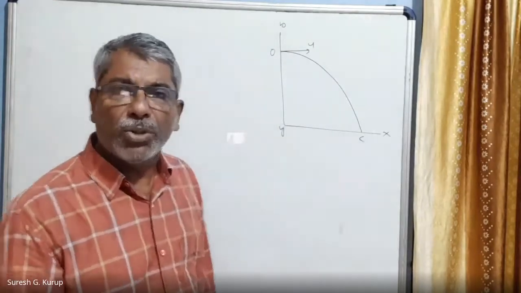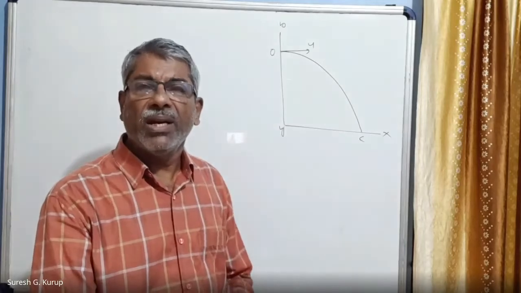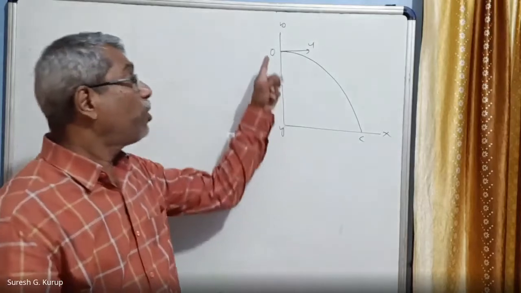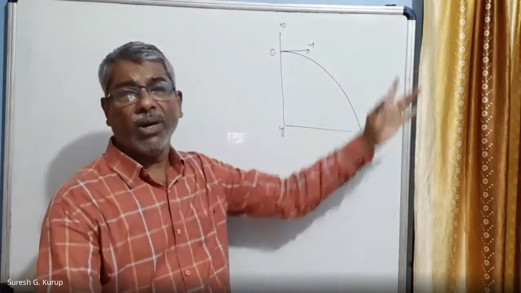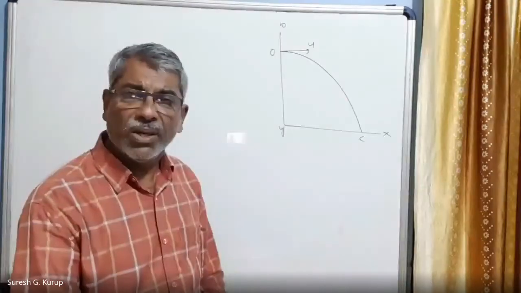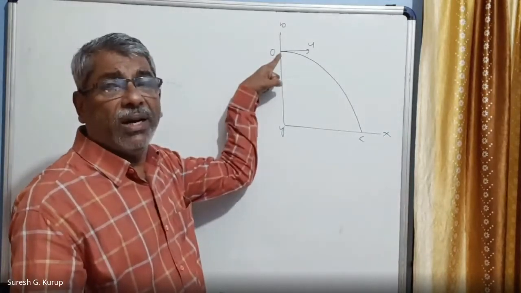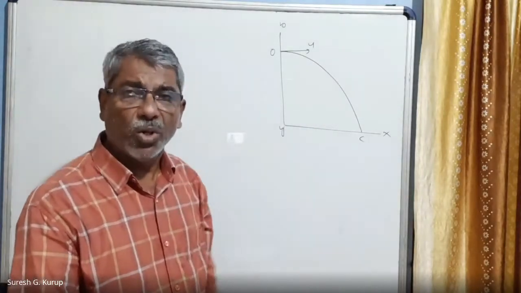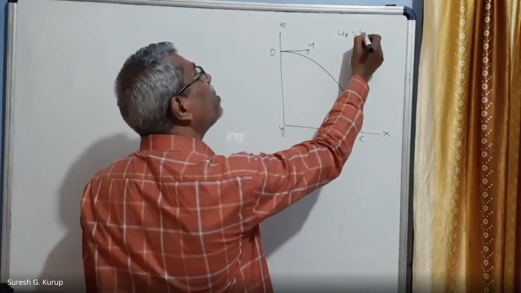Every projectile motion is the best example of motion under gravity. Motion under gravity means its only acceleration is the acceleration due to gravity. For example, suppose this body is thrown along this direction. The body has no acceleration in the direction of the initial velocity; the acceleration is always acting downwards. So at the beginning of the journey, the horizontal velocity is u and the vertical velocity is 0. The horizontal velocity, that is, the velocity along the x-axis, is ux.